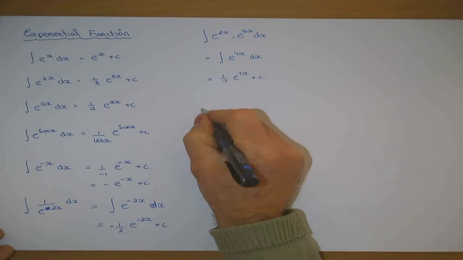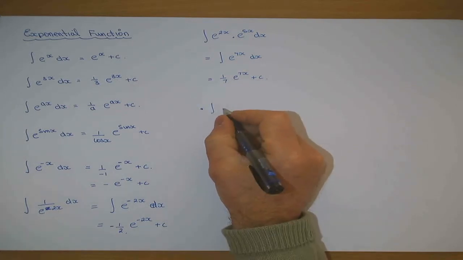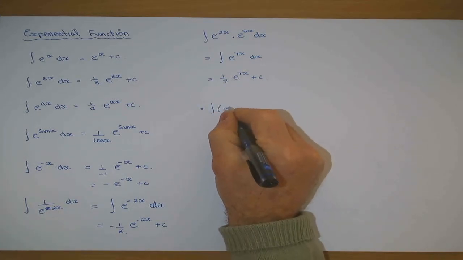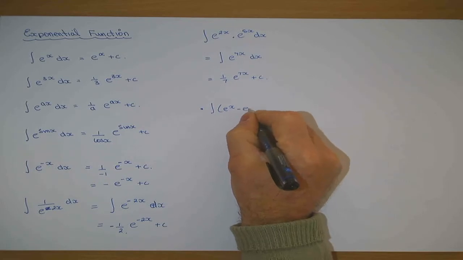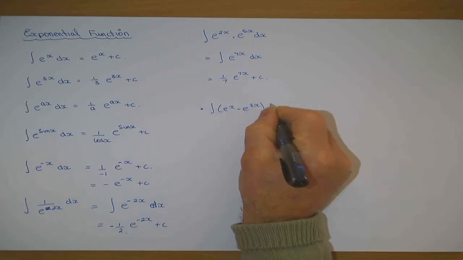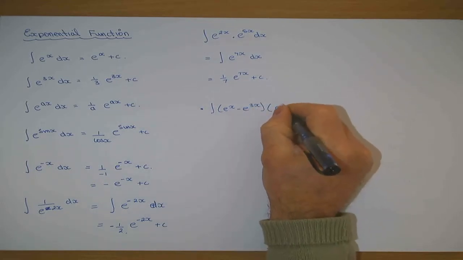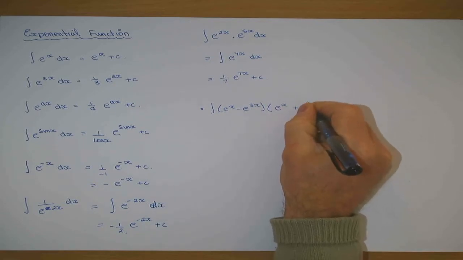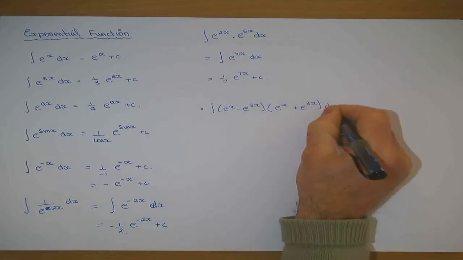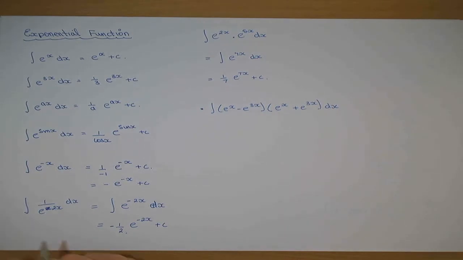If I gave you the integral of e to the x minus e to the 3x times e to the x plus e to the 3x dx, that's a product. Yes? What do we know in integration? There is no product rule. What must you do? Multiply it.